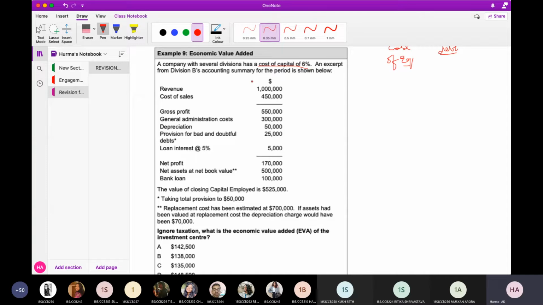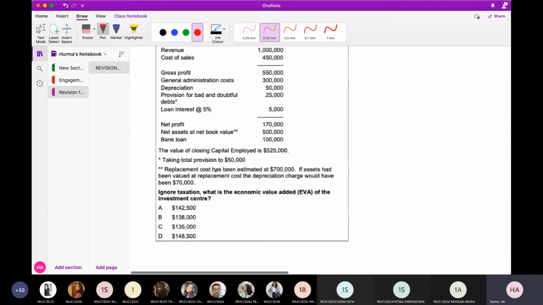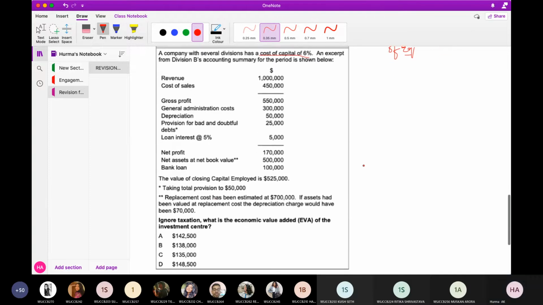So they've given us gross profit, net assets at net book value, bank loan, value of closing capital employed, and total provision. Replacement cost has been estimated at $700,000 if the assets have been revalued. At replacement cost, the depreciation charge would have been $70,000. So ignore taxation, calculate EVA. That's the question.